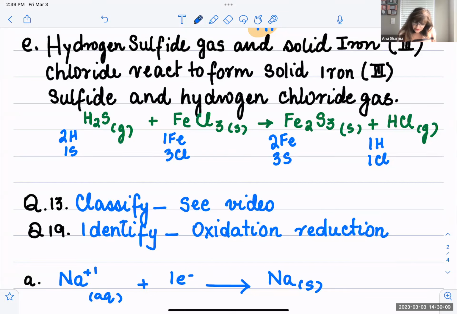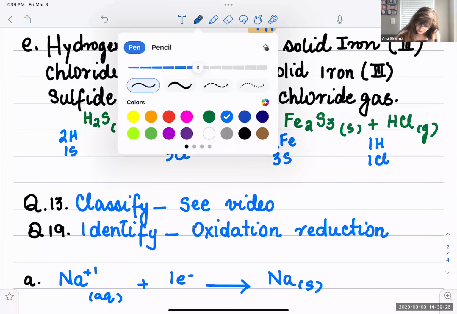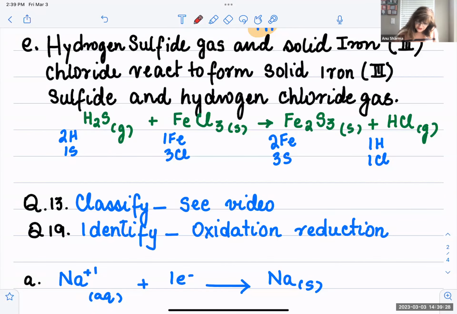So let's look at where to start. Because hydrogen is 2 on one side, we can work around with that. If they're just 1 and 1, it's easy to work. But let's look at that. Iron is 2 on one side, and iron is none on the other side. So we have to bring 2 here, we have no choice.